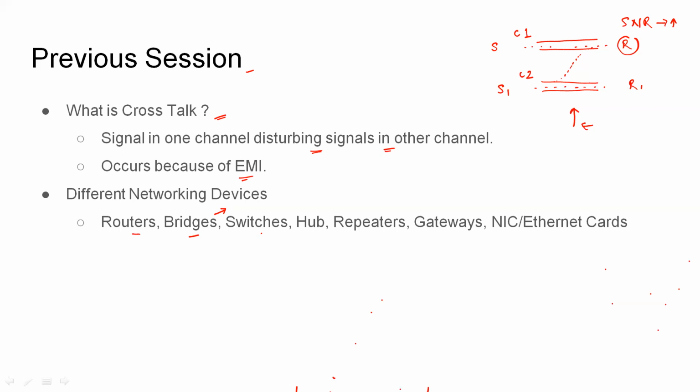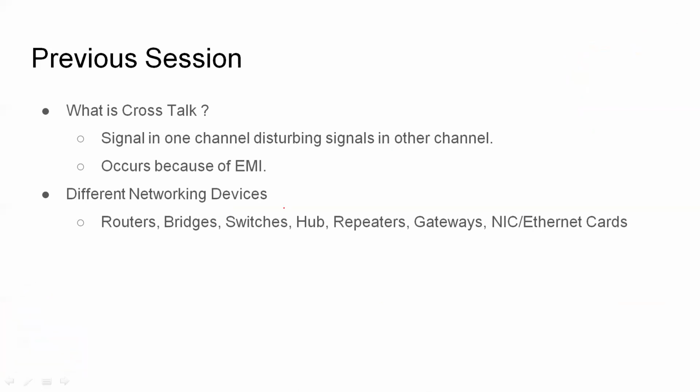And we have seen switches. Switches basically create a LAN, right? A switch has individual access to each and every system in the LAN. That means a switch knows the MAC address as well as the IP address of each and every system in the LAN. We have also seen that a switch is intelligent, right?